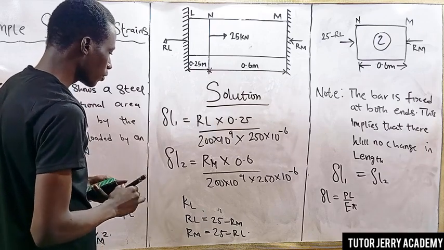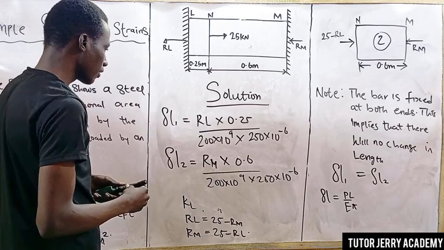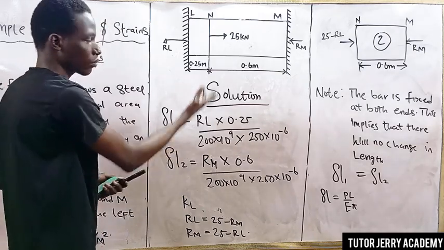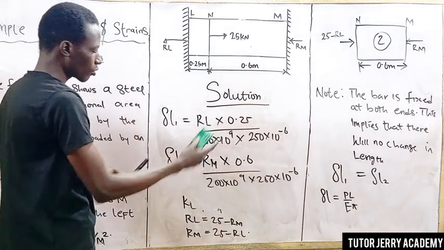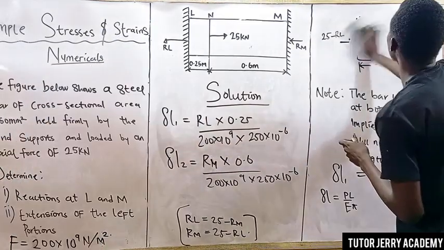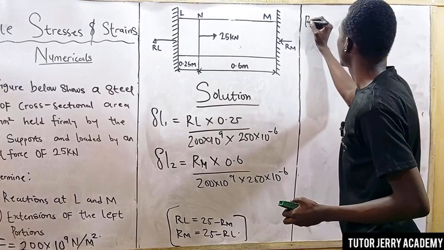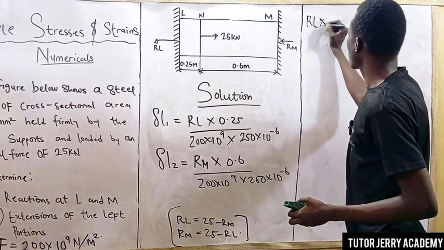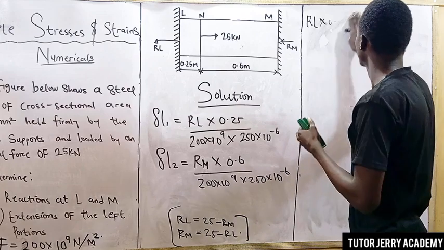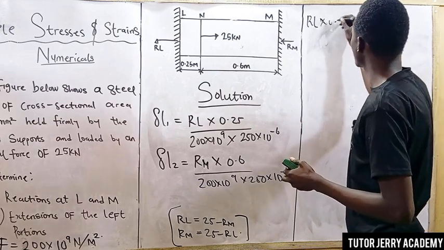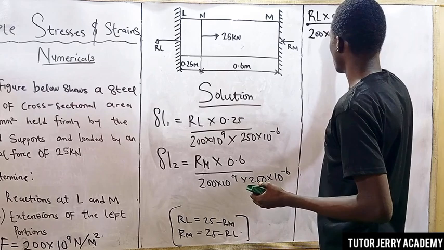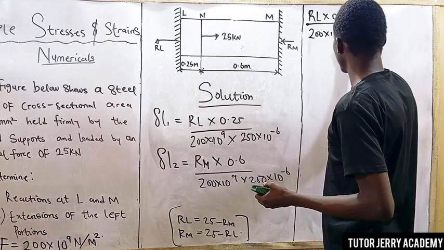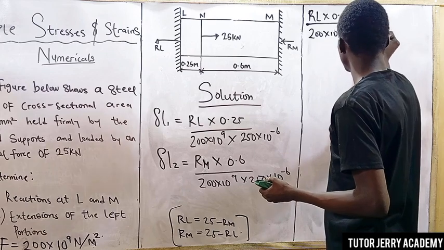Now, what am I going to be doing next? I'm going to be equating these two. Of course, we have already said they are equal, so I'm just going to be equating them. I have RL multiplied by 0.25 all over 200 times 10 to the power of 9 multiplied by 250 times 10 to the power of minus 6.